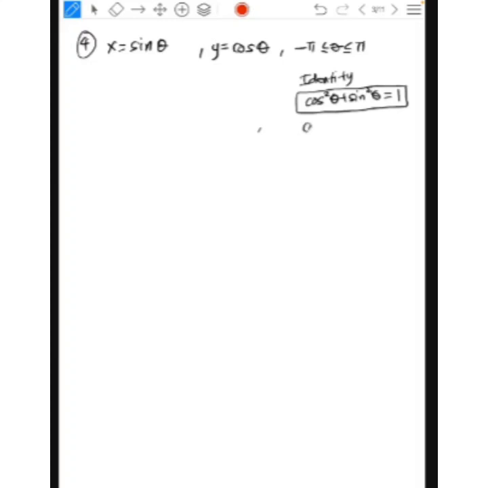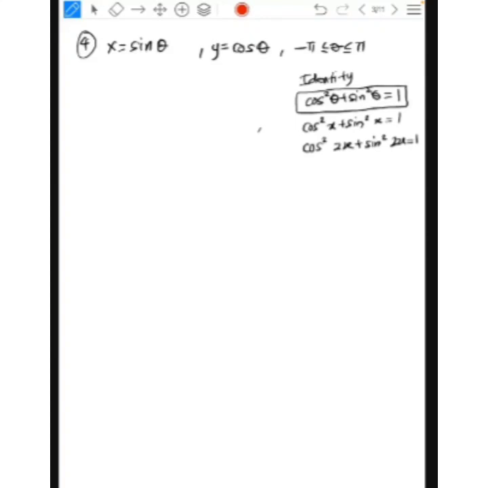Let's say I have cos squared x plus sine squared x, it is also equal to 1 because the argument is the same, x. If it is cos squared 2x plus sine squared 2x, it is also equal to 1.